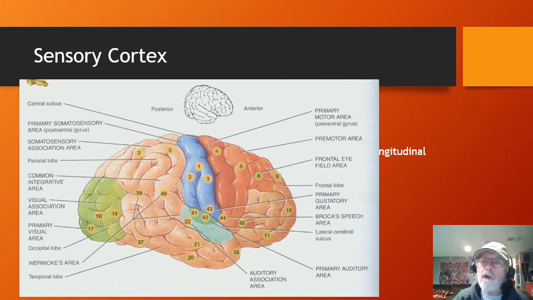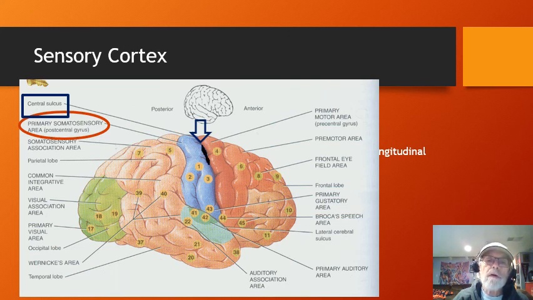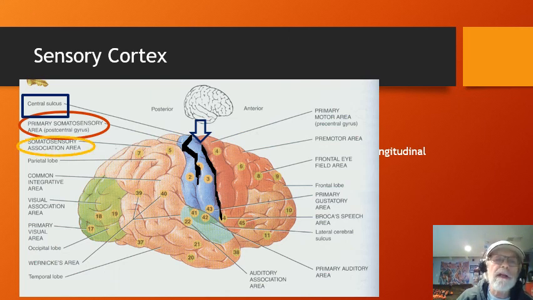Here's my central sulcus or central fissure, following right down here, and this postcentral gyrus is my primary somatosensory area. And we have a secondary somatosensory area over in this area, just adjacent to it, the gyrus adjacent to the postcentral gyrus.